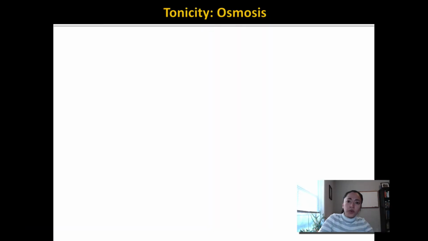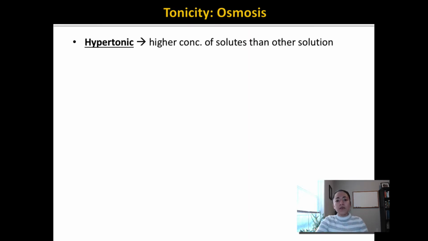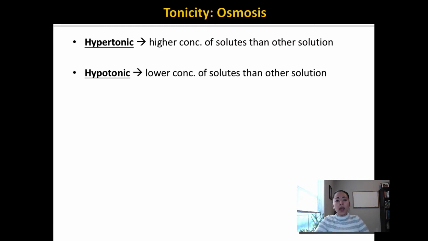Definitely know these terms that describe tonicity. If I ever ask you to describe the tonicity of a solution, I'm asking for you to use the words hypotonic, hypertonic, or isotonic. Those are the different types of tonicity. Hypertonic again means that the solution has a higher concentration of solutes than the other solution it's being compared to.